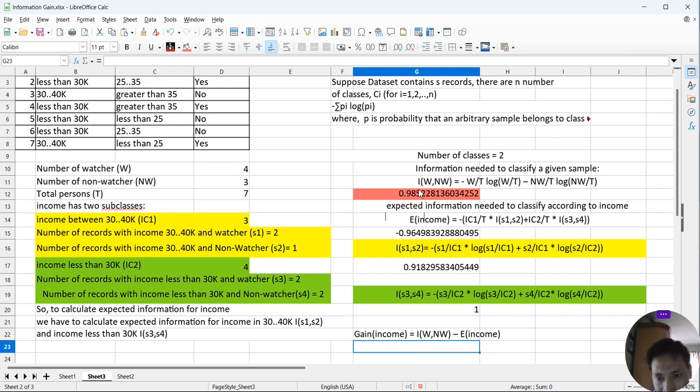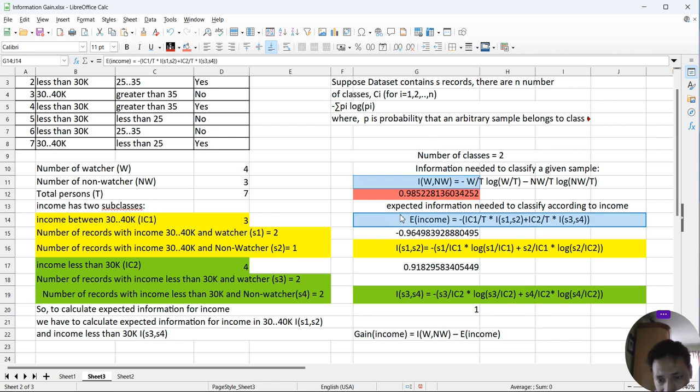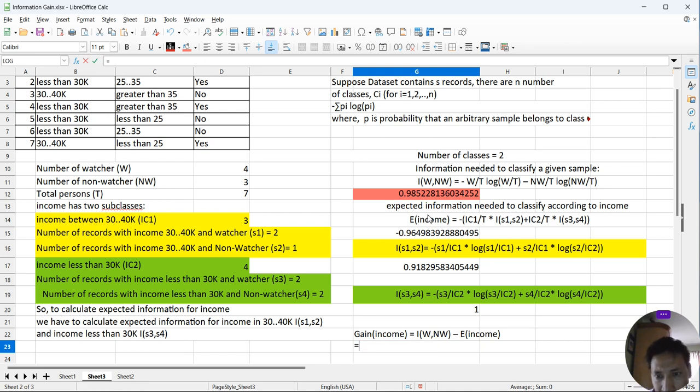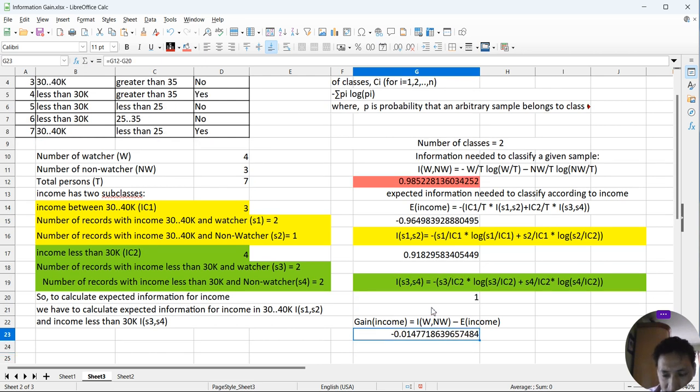This is the term I(W, NW), that is the information needed to classify a given sample, and this is E. So now we will be getting the difference of these two, equal to this value minus this value. Now we get this value. So in this way we can calculate the gain for income.